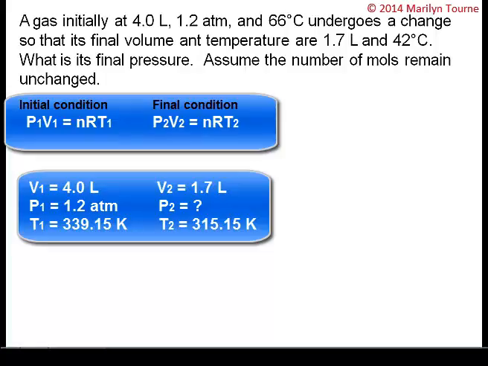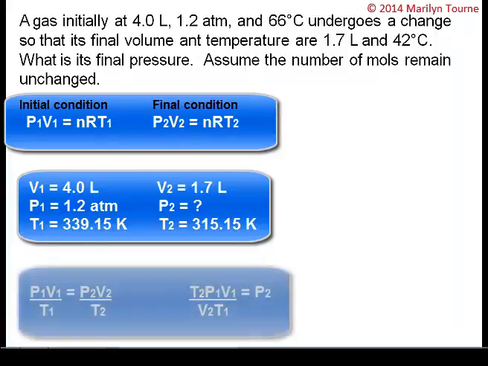So again, we're relating two different conditions of the same gas, so we would use the ideal gas equation, but we would use it twice, basically. So we would have P1 V1 over T1, because we don't need to worry about R, because R is a gas constant, and we don't need to worry about the moles, because they tell you, assume the number of moles remain unchanged. So that becomes a constant as well, so you leave it out, because it's the same in both states, in both conditions.